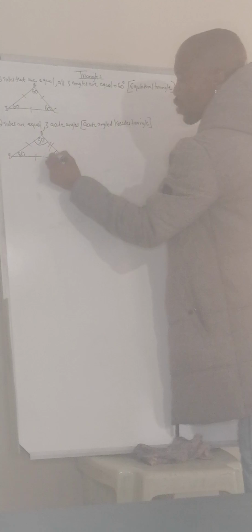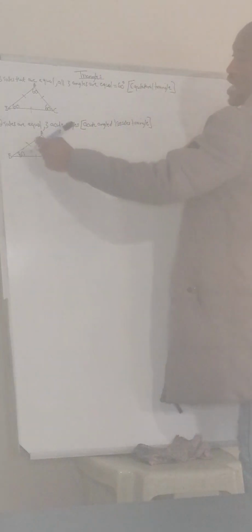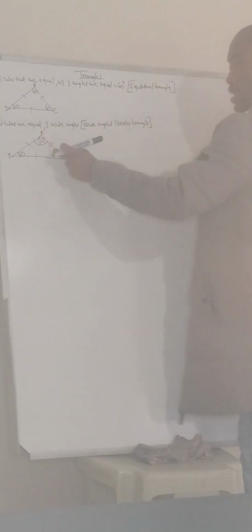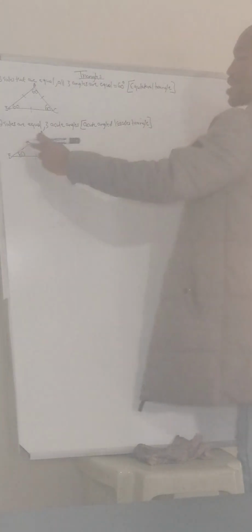This angle must be equal to that angle, but they are both less than 90, and the third angle is also an acute angle less than 90. All three angles add up to 180 and all of them are less than 90. This is very, very important that you understand this.